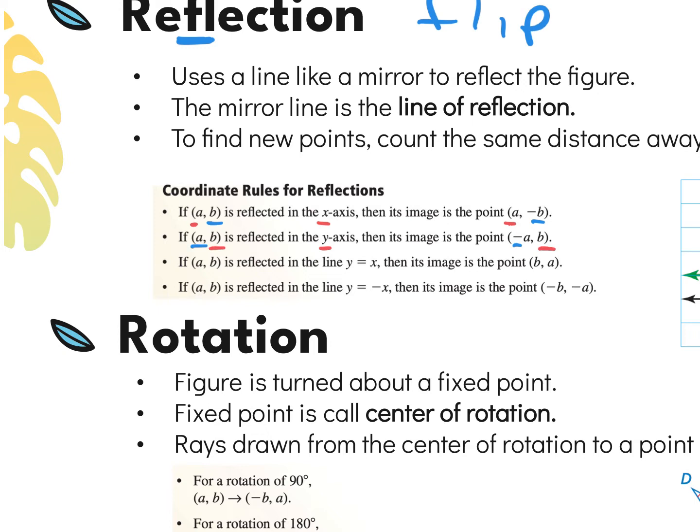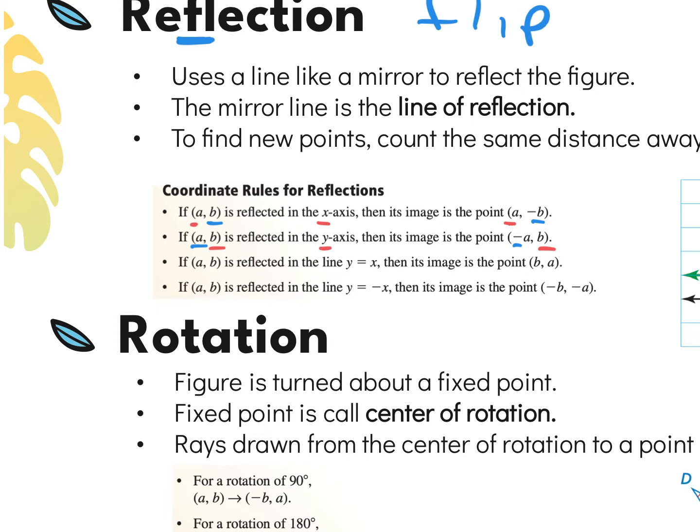And then if it's reflected across that diagonal line of y equals x, then the order of the ordered pair switches. The y becomes the x and the x becomes the y. And then if it's reflected across the line y equals negative x, you switch the order and the sign.